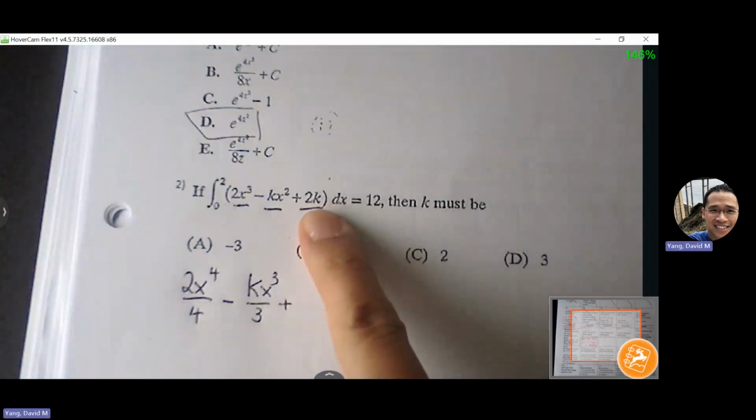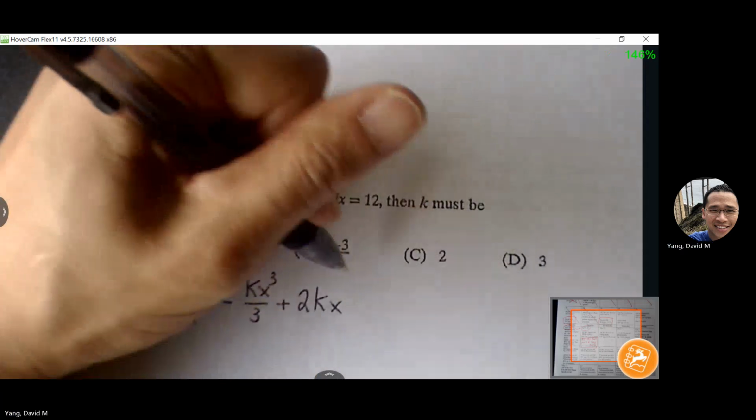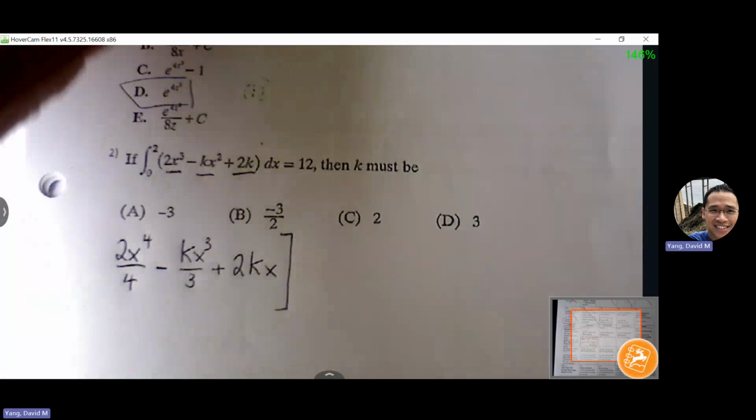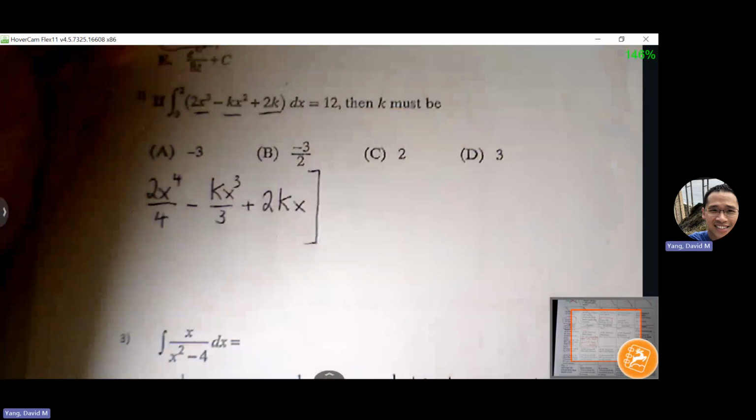All right, what does 2k turn into? Good, 2kx, not 2k squared over 2. Remember, 2k is just some number in front. So if I have a constant, the constant will turn into a degree 1, so it becomes 2kx. Okay, again, we're going to ignore that 12 for now. We're just going to go as far as we can go with our definite integral.